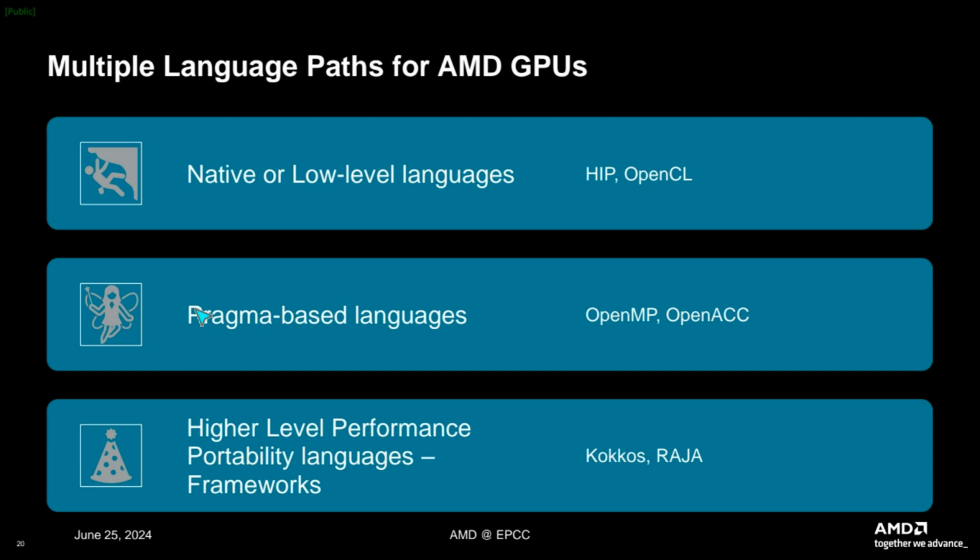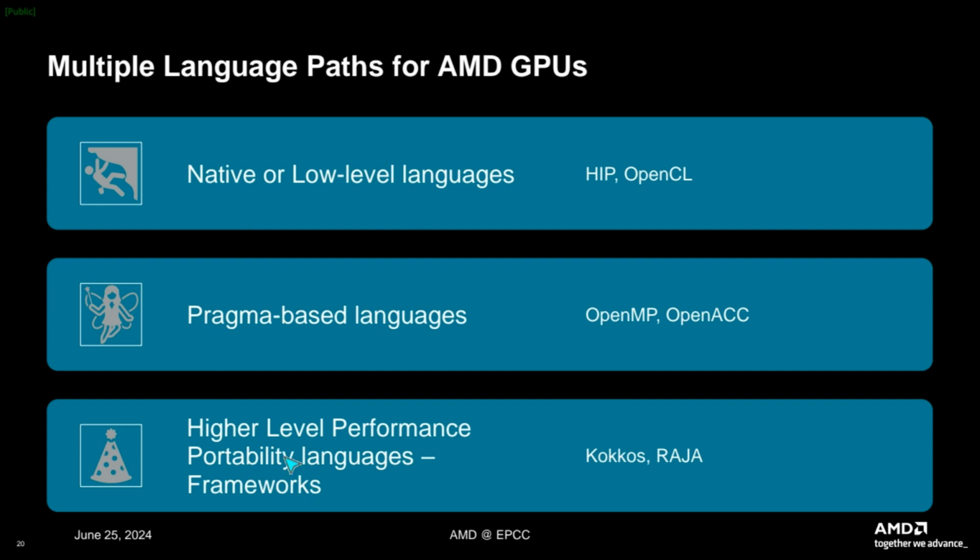So that's attractive for many application developers, and the limit in that area is really that the compilers have to develop the capability to support that. They're pretty good today, but compilers take longer to develop than a library. So we're on that path to where many applications are able to use pragma-based languages.